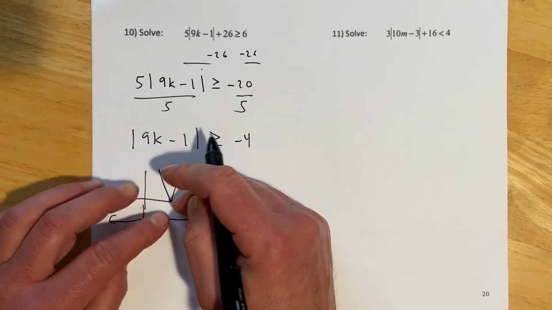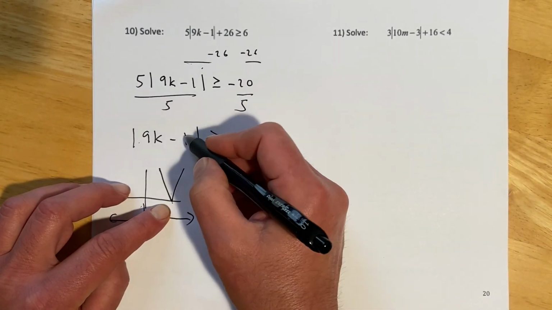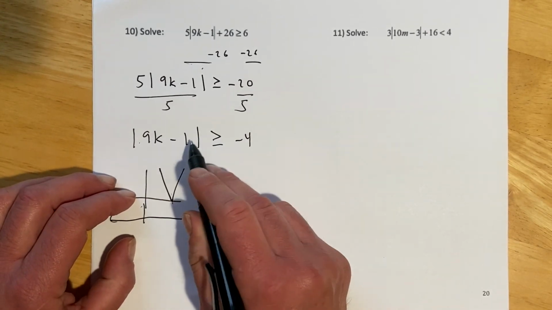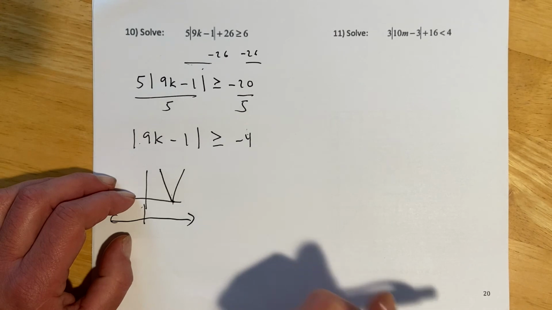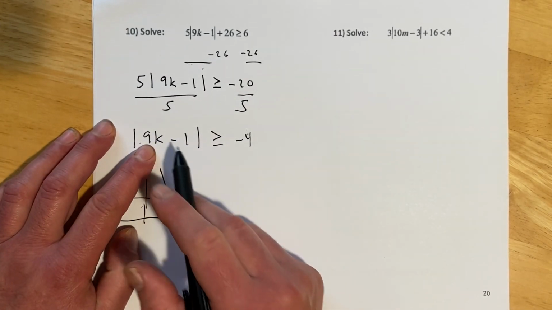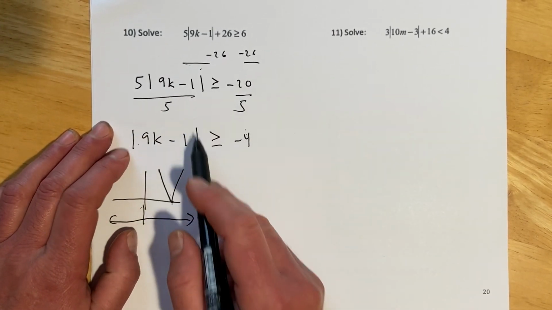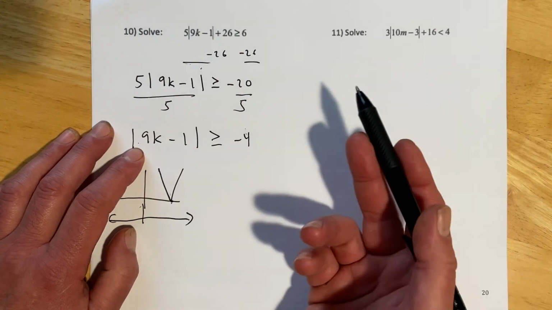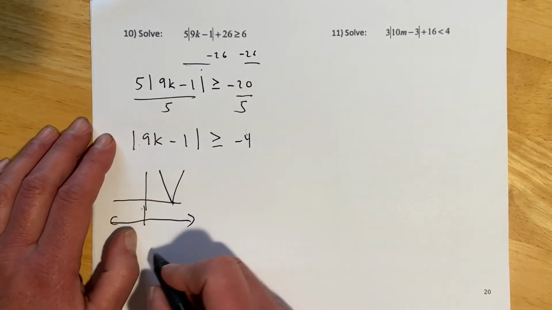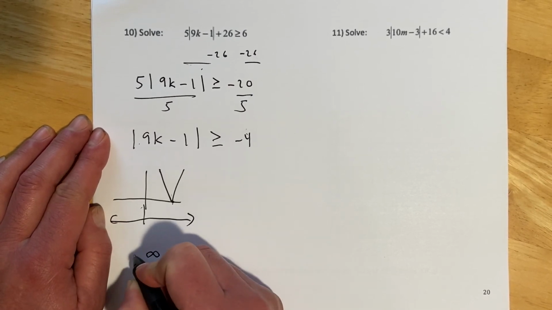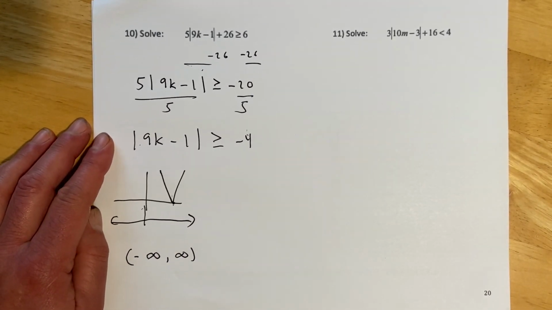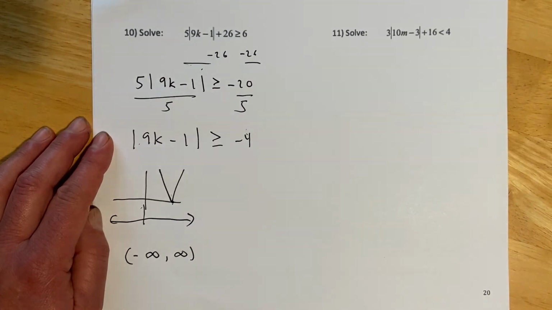Because its lowest point would be at 0, at 1/9 actually, and it never reaches a negative value. Anything I put in here for k, when I take the absolute value, at worst it's going to be 0 or it'll be positive. It will always be greater than negative 4. So this is an example of all real numbers or infinite solutions.